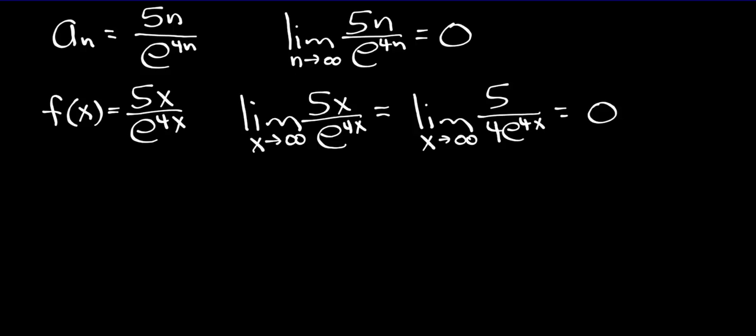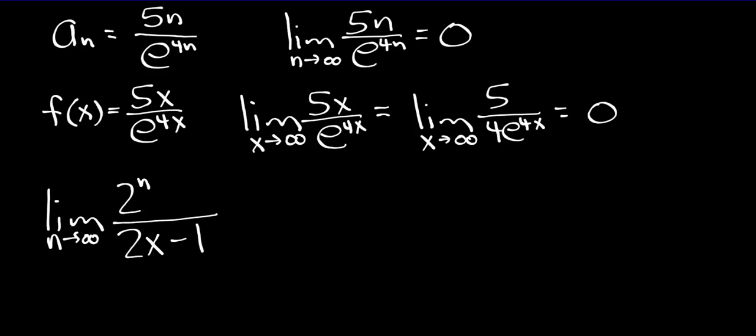Let's suppose that we've got the limit as n goes to infinity of 2 to the n over 2n minus 1. We want to figure out, what is that limit?